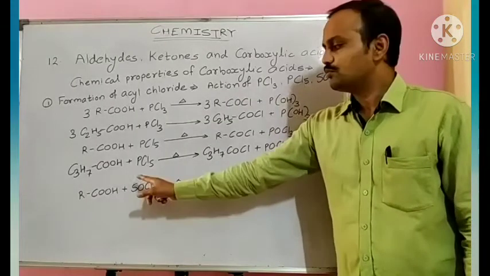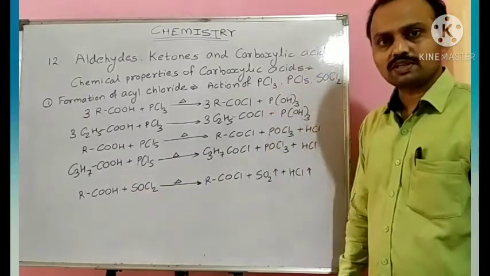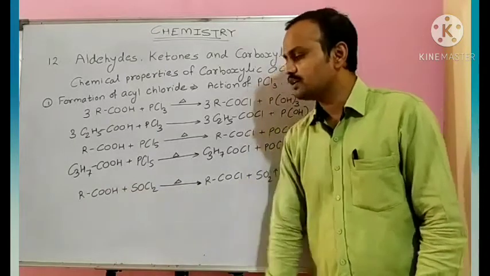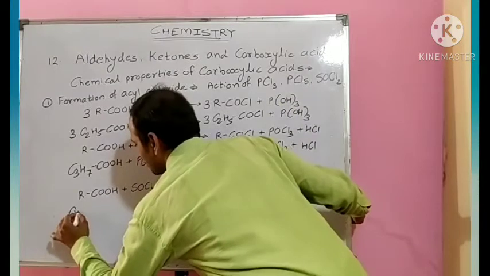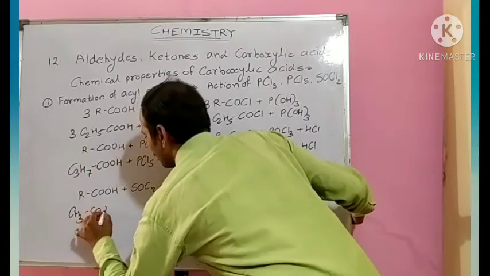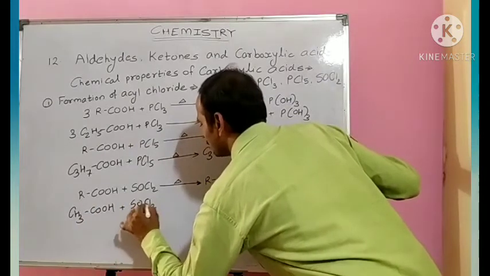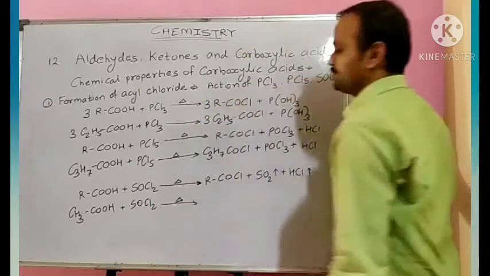Third and more important example or method of preparation of acyl chloride is action of thionyl chloride on carboxylic acid. Very best example is CH3COOH plus SOCl2 in presence of heat.